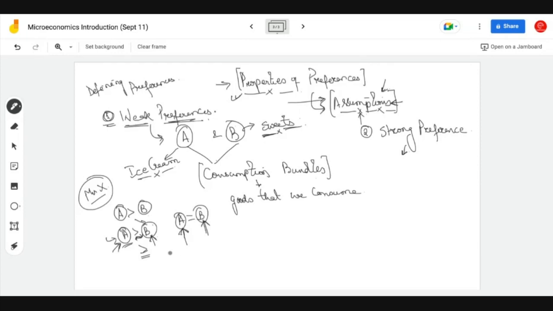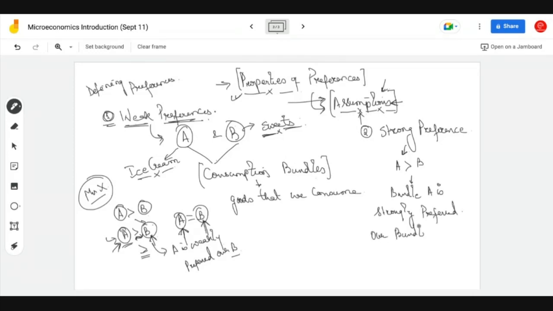In this case, we say that A is weakly preferred over B. However, in the case of strong preference, we say that A is strictly greater than B, or bundle A is strongly preferred over bundle B. Okay.